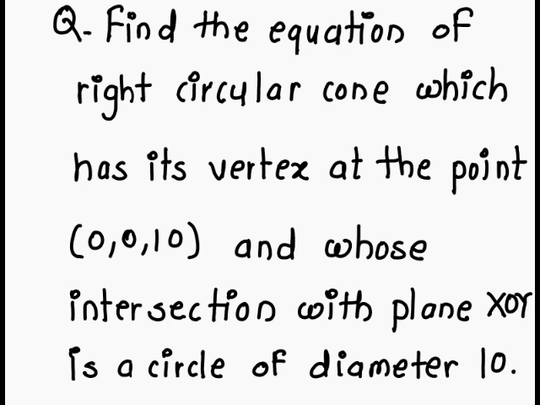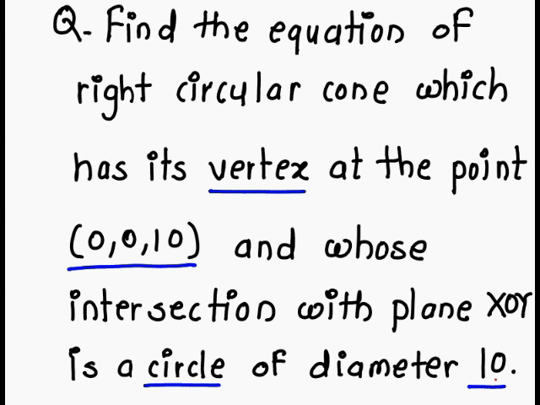Find the equation of a right circular cone which has its vertex, so underline the keyword vertex, at the point 0, 0, 10 and whose intersection with the plane XOY is a circle of diameter 10.